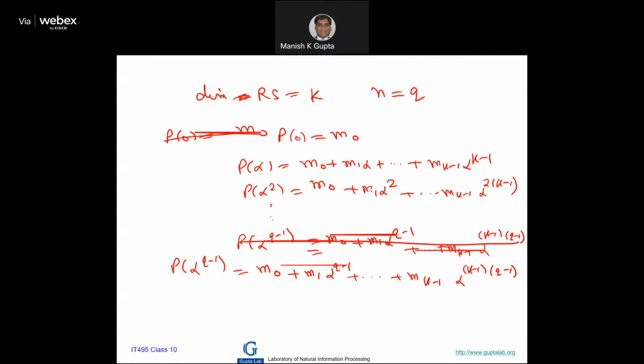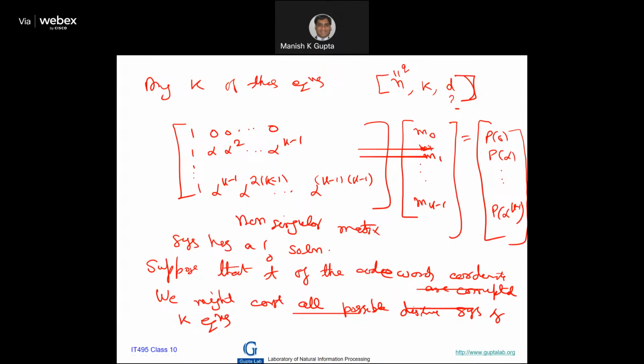So there are Q choose K such systems. Q equations, and then I can choose any K. And you also observe, I'm leaving this for your imagination, that T plus K minus 1 choose K of these will give an incorrect solution.